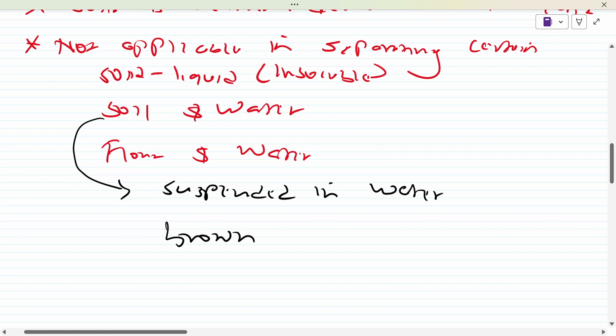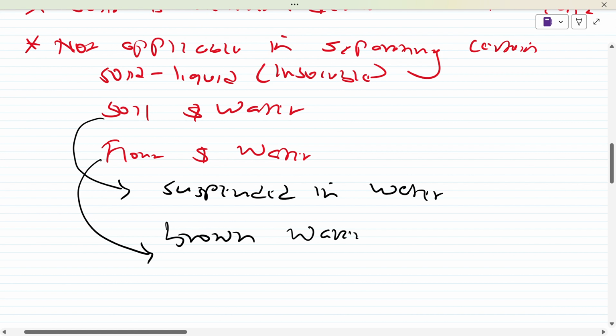In such a situation, you can't decant brown water, because even if you decant it, the water will still be brown. So you need another technique, even though it is soil, which is a solid, and water, which is a liquid. It is an insoluble solid liquid mixture, but we can't separate them using decantation.